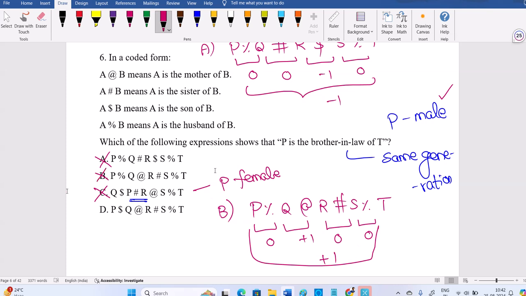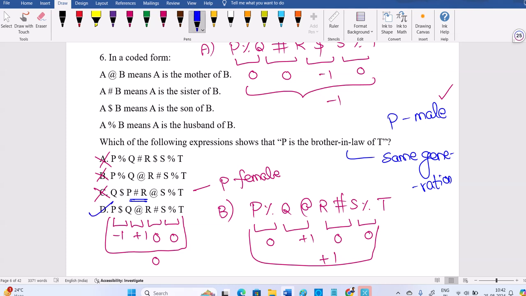Percentage husband, at the rate is mother, above generation. Hash is sister, same generation. Percentage husband, same generation. I got overall +1, so I have to eliminate it. It should be option D. Anyhow, we'll cross check. P dollar Q: dollar is son, below generation; at the rate, above generation; hash, same generation; percentage, same generation. Overall 0. -1 and +1 cancel, no? So overall 0, which means same generation, option D.